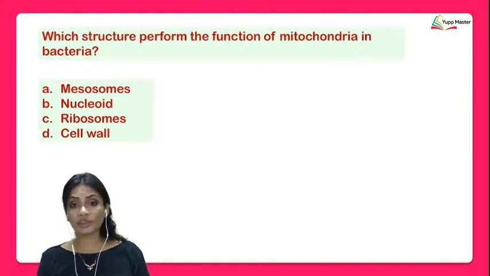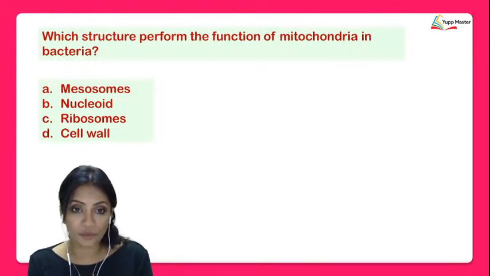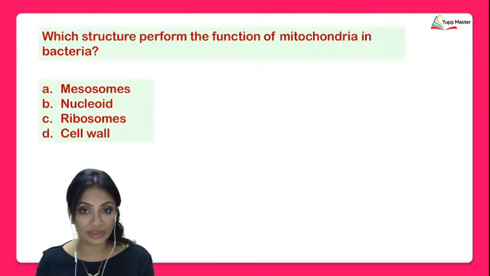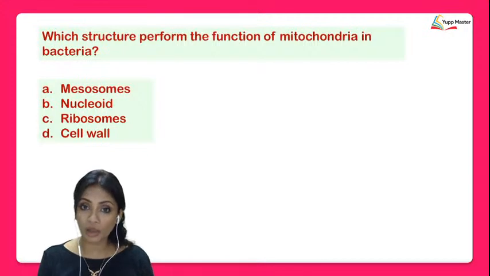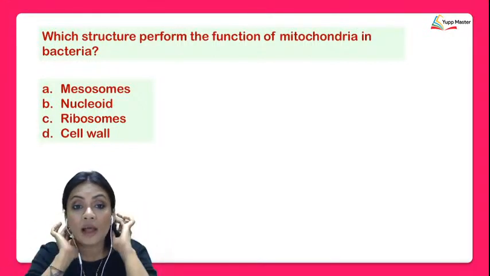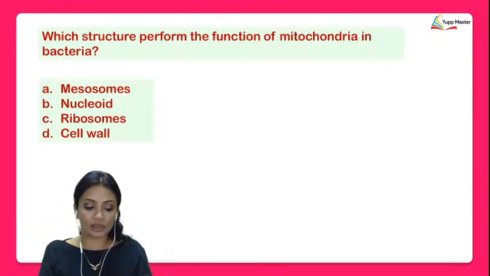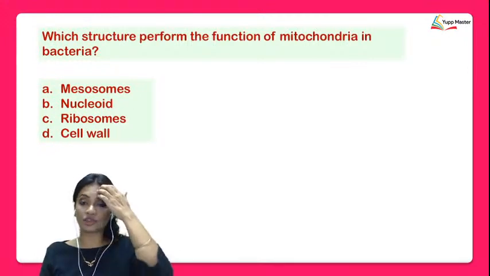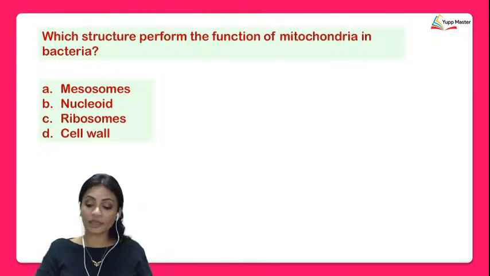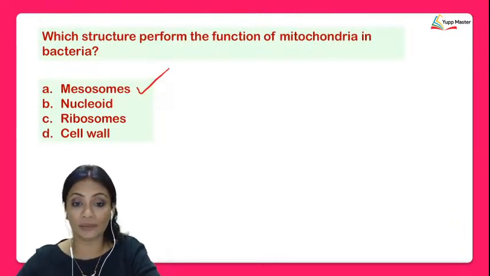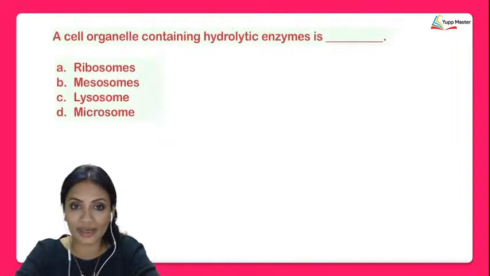No. The nucleoid just does the work of storing the genetic information. What about ribosomes? Ribosomes do the work of protein synthesis. What about the cell wall? That is going to be giving shape and structure to the cell. And so this concludes that our last option would be the mesosomes. Yes, mesosomes are the region where the actual function of the mitochondria takes place, so that the prokaryotic cell can get energy. Shall we continue with the next?